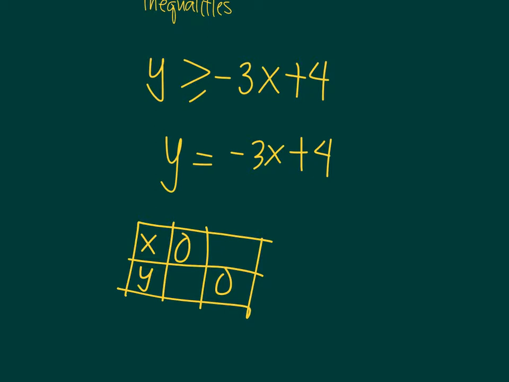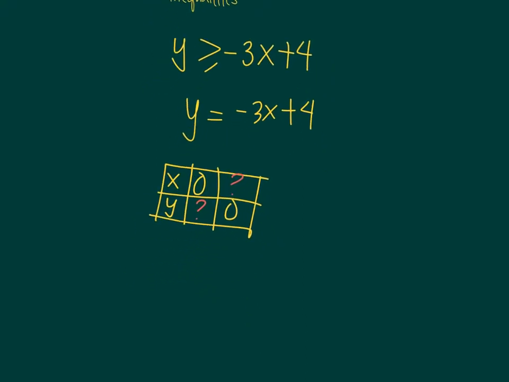So you're trying to find what y is when x is 0, and what x is when y is 0. You're looking for a certain value of x and y. I'll show you one step at a time.